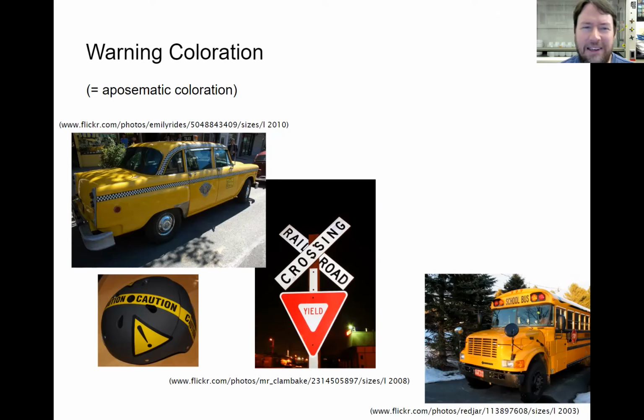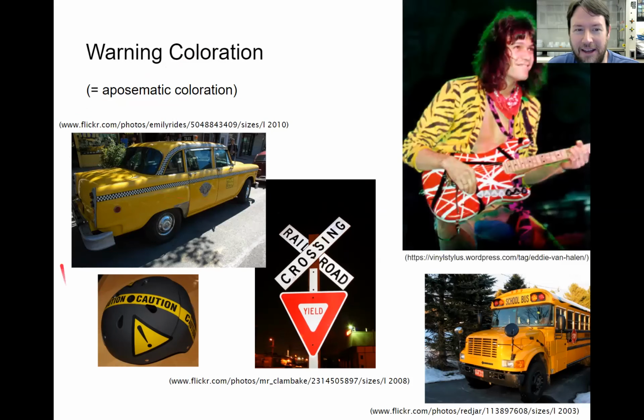So we were talking about warning coloration, also sometimes called aposematic coloration. And these are, when we want to get people's attention, we use a certain color palette, right? So taxi cabs, the yellow and black and white, or black and red, or all of the above, if you're an 80s rock star.